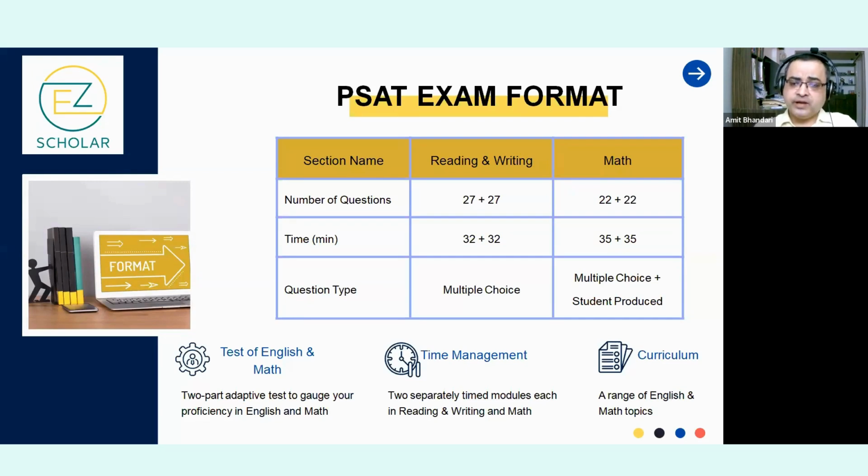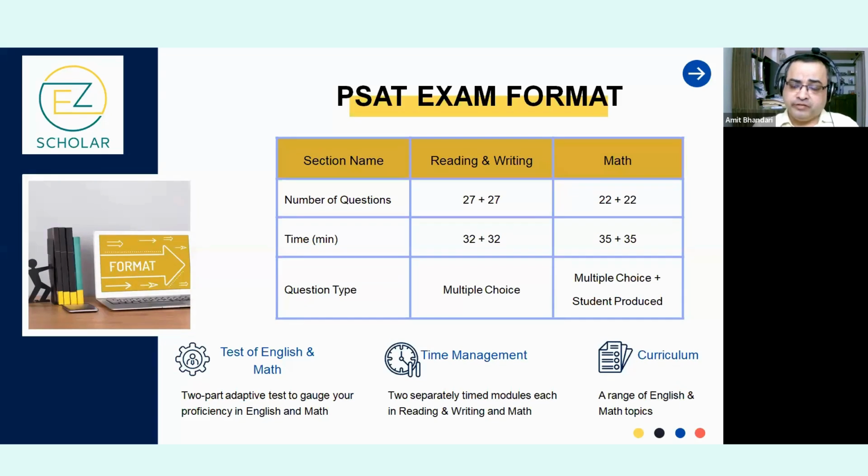The second part is that SAT and PSAT are both adaptive tests. So there are 2 sections in English, 2 sections in math. Supposing I do very well in the first section in math and get all the 22 questions right. In that case, the second section for me is going to provide me with a set of more difficult questions.